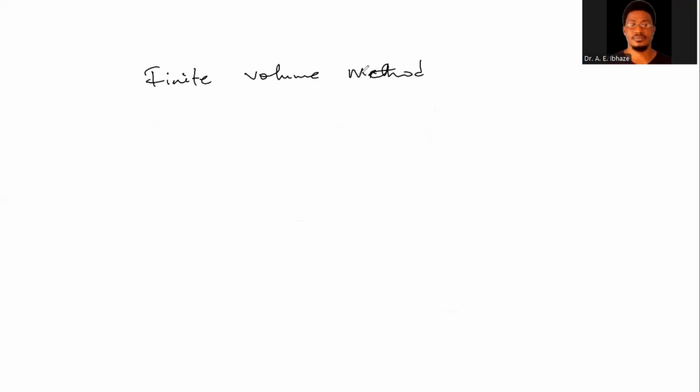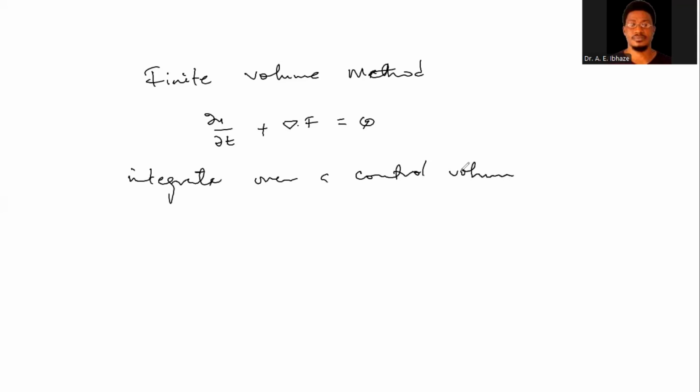So if we consider the conservation law, say du/dt plus the gradient of f being the same as 0, then should we integrate over the control volume v, we have d/dt of the integral over v of u dv plus the integral of f dot n dx being the same as 0.